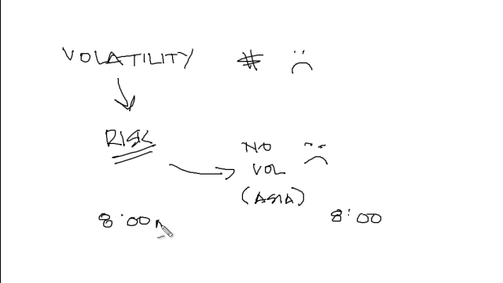So now we're talking a.m. over here and p.m. over here. This is over here at 8 a.m. We're talking about Europe, the UK, the US. Here, we're talking about solely Asia. The difference in pip movement is dramatic, is it not?